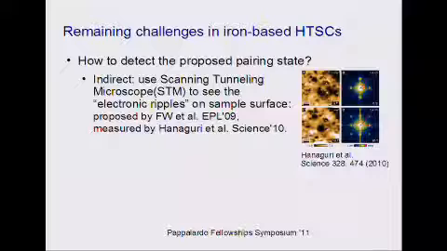We proposed some indirect way to look at it by using a scanning tunneling microscope to look at the sample surface and look at, in some sense, electron ripples on the sample surface. By the wavelength of the ripples, you can get some information about the sign of the Cooper pair wave function. And we proposed that, and I was quite surprised that the experimentalists really detected that later.